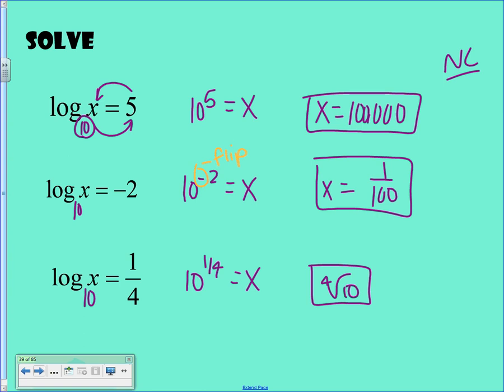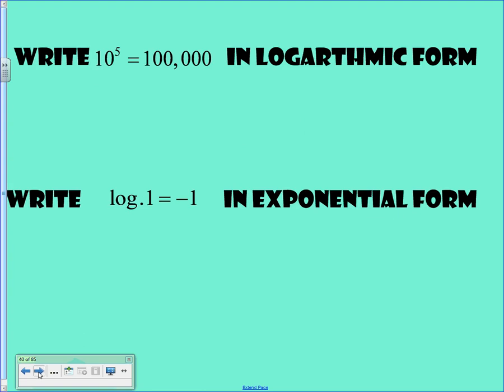Sometimes I just want you to write it in logarithmic form and not actually solve it. So this is working ourselves backwards. If I wrote 10 to the 5th equals 100,000, logarithmic form says put it with a log. So if I work myself backwards, I would have log base 10 of 100,000 equals 5.